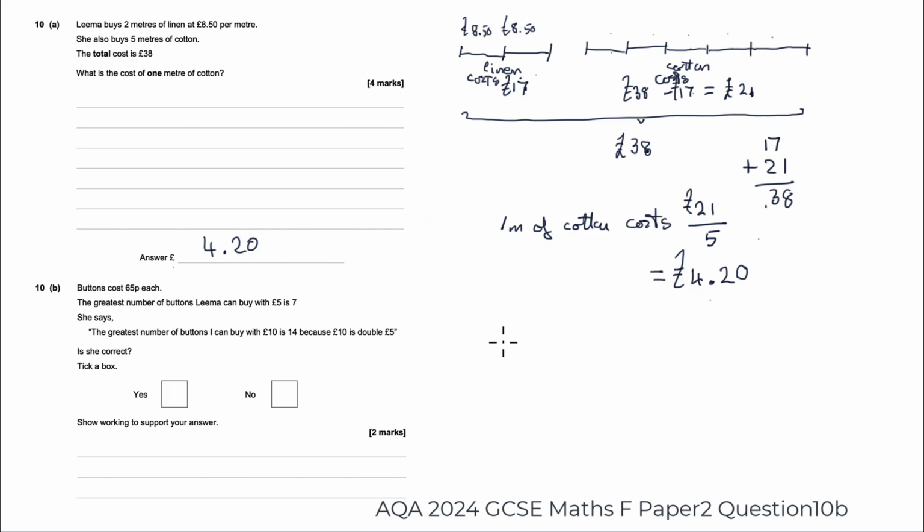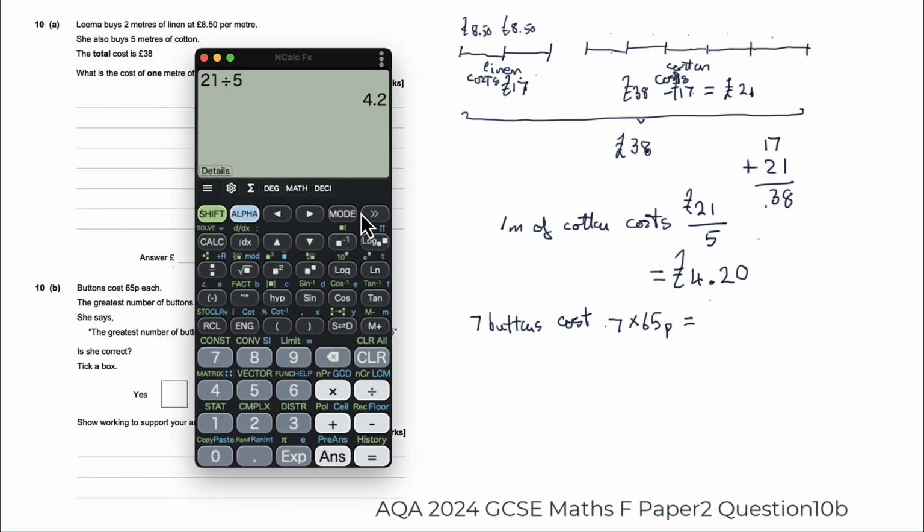So let's think about 7 buttons. 7 buttons cost 7 lots of 65 pence. So let's find out exactly what the cost is of these buttons. So we'll put in 7 times 65.